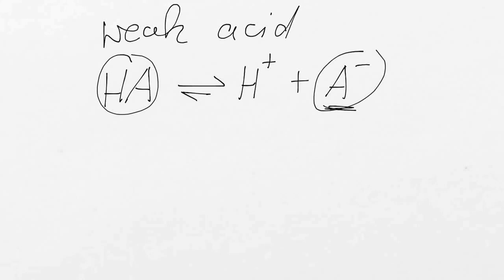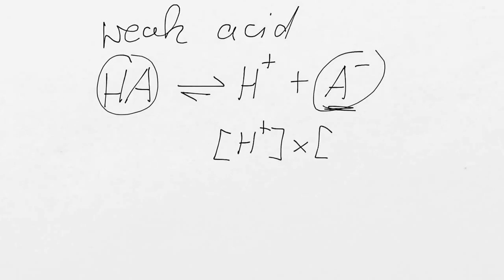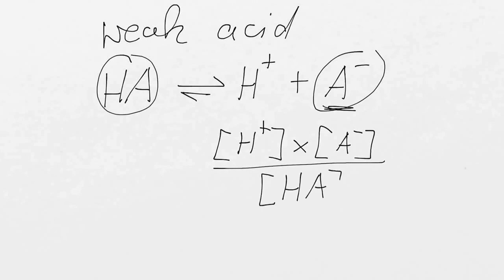And for this process, once the reaction has happened, we can formulate that as a sort of an equation. And we can say, well, the concentration of the protons times the concentration of the anion, of the base, divided by the concentration of the acid.